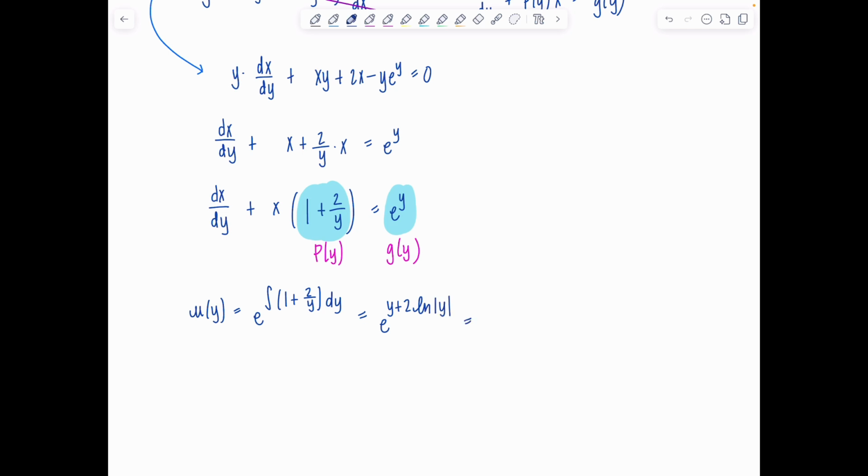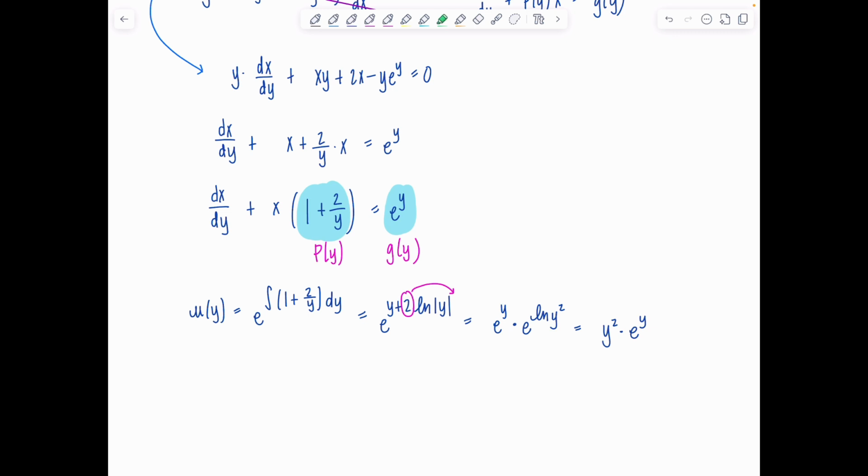And then from here, because I want to simplify as much as possible, let's split this up into e to the y times, I can move this to make it the exponent on y. I don't need absolute value because we're on the interval from 0 to infinity anyways. E to the ln y squared. And then this ends up giving me y squared times e to the y. So that's my integrating factor.